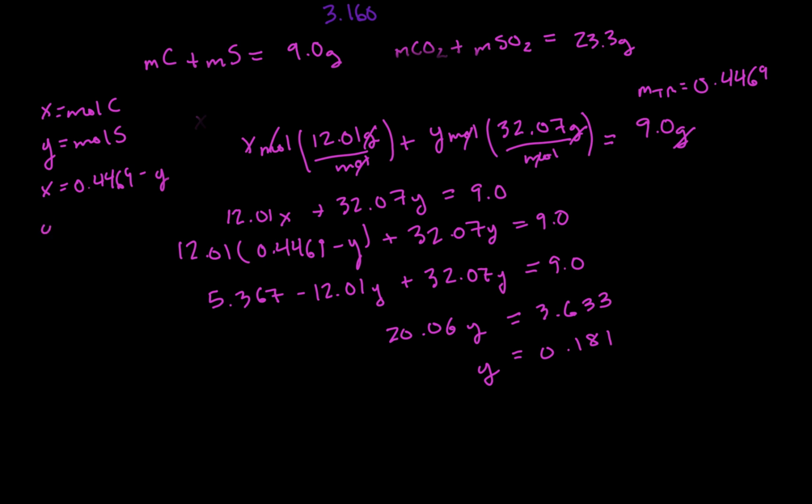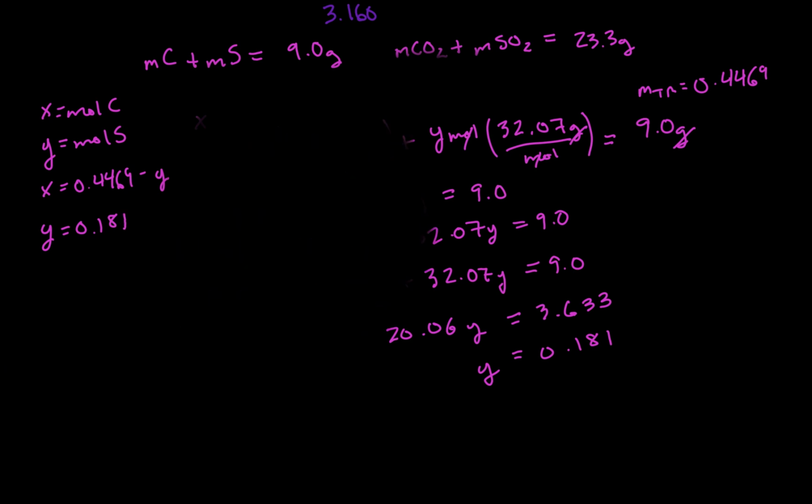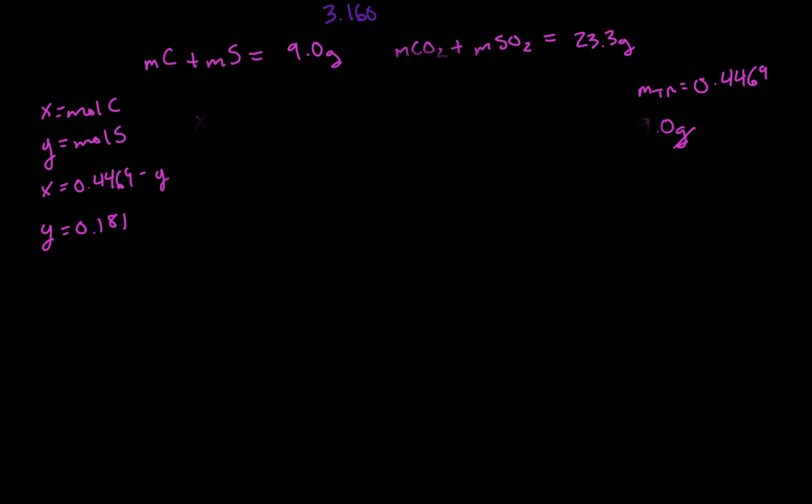So I'm going to write that over here now. Y equals 0.181. Okay. Now we're going to solve for the mass of sulfur with y. Right? Easy enough. So mass of sulfur equals the moles of sulfur times the formula weight.